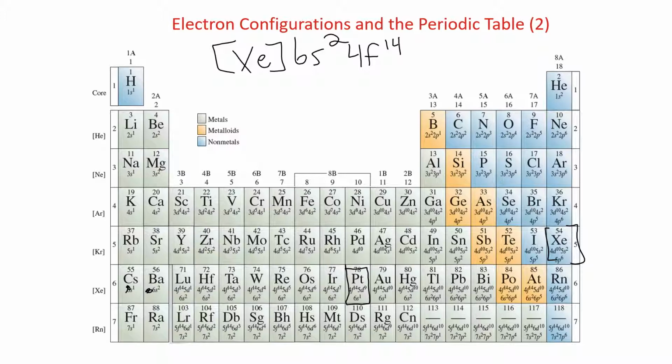Now we're in the D's. So it's 5d, 1, 2, 3, 4, 5, 6, 7, 8. And then we have to include the 1 from the 9. So it would be 5d9. Okay? All right.